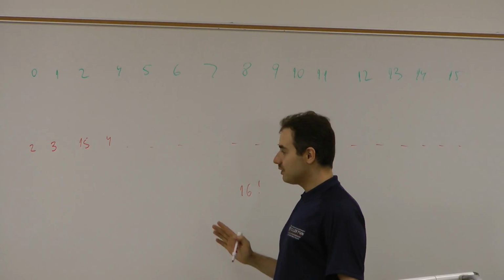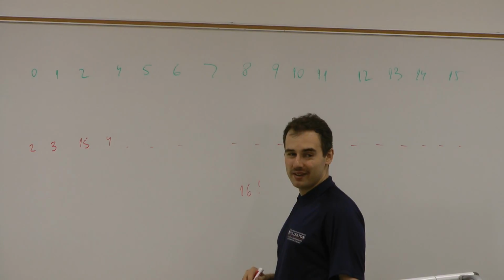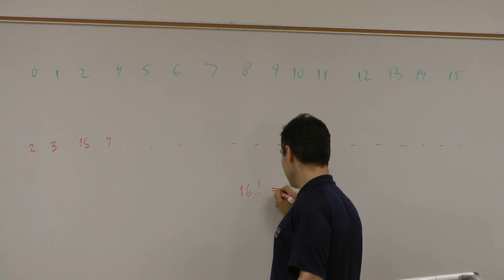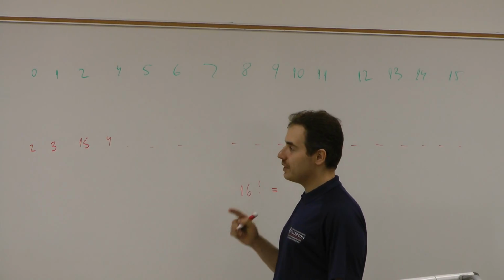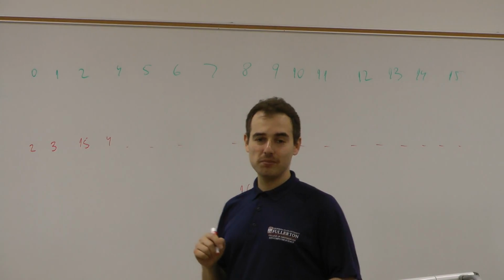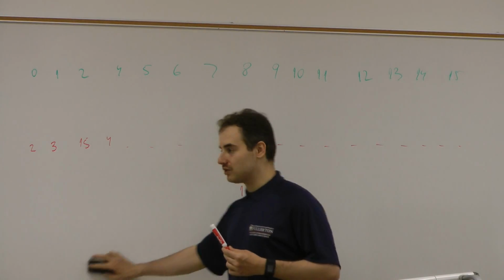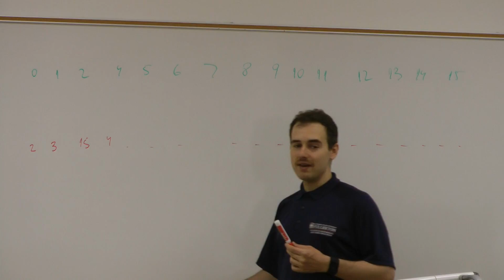Now, 16 is the number of my blocks. If I have a 4-bit block cipher, how many different blocks can I have? So let me erase this so we can do this right from the beginning. So I have a 4-bit block cipher.